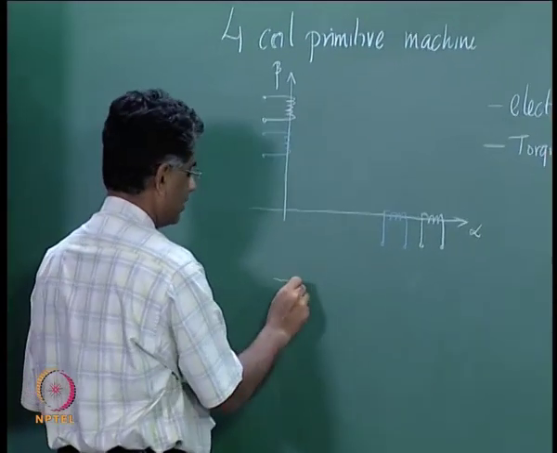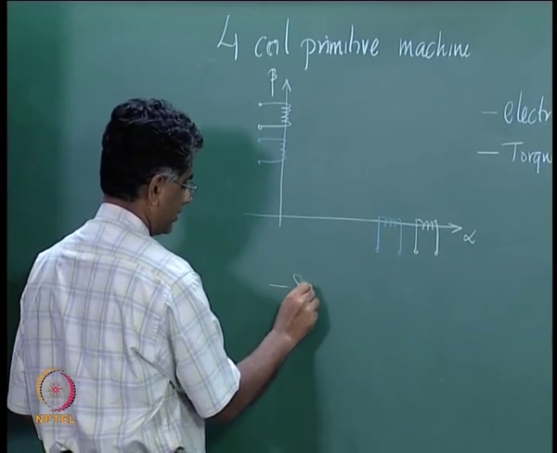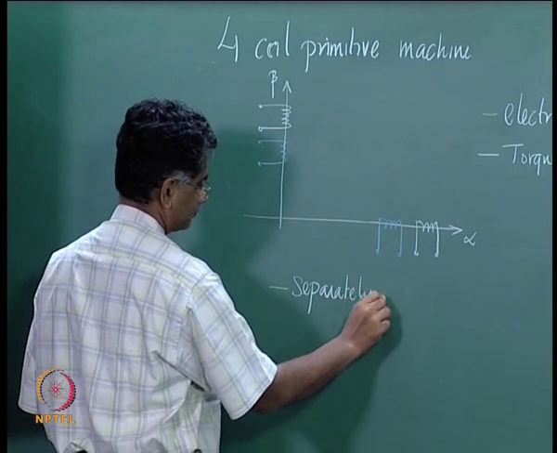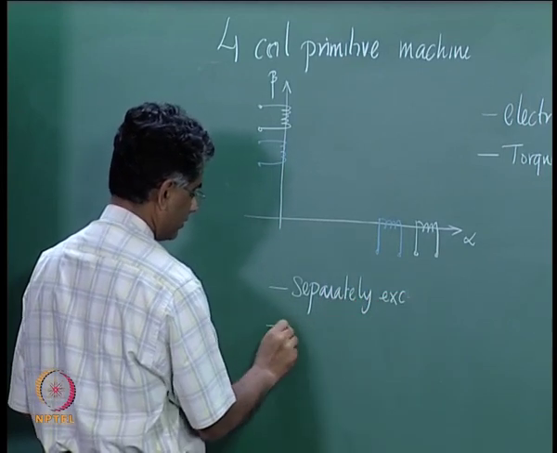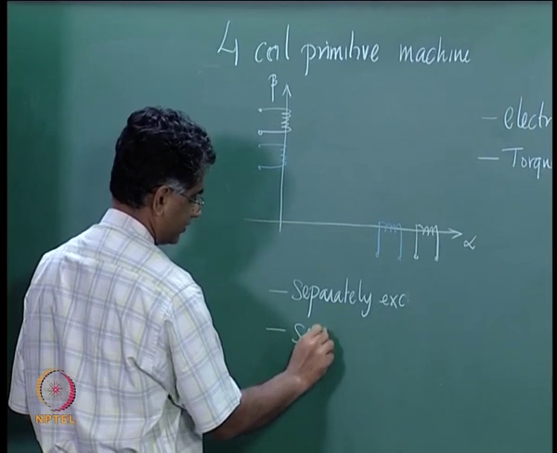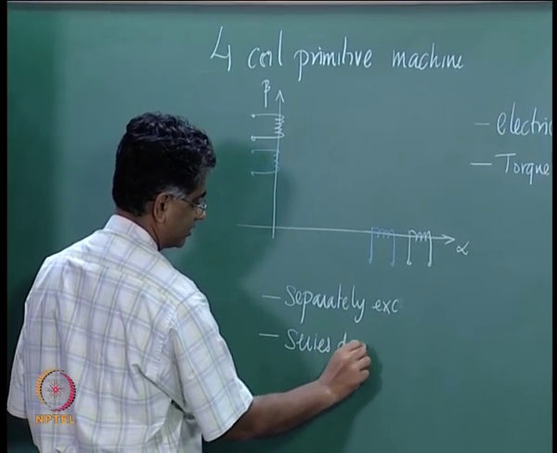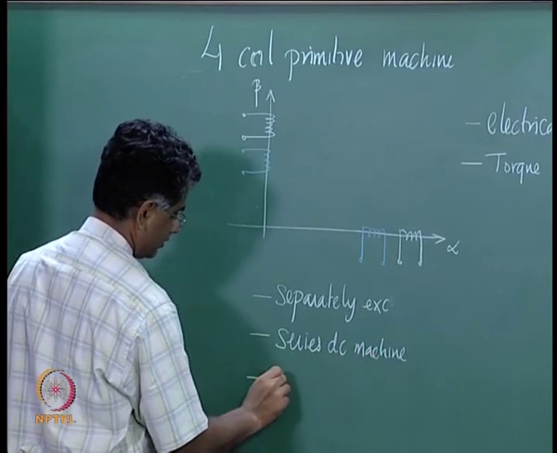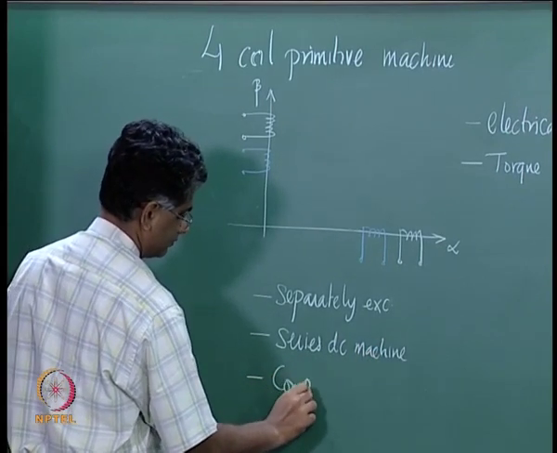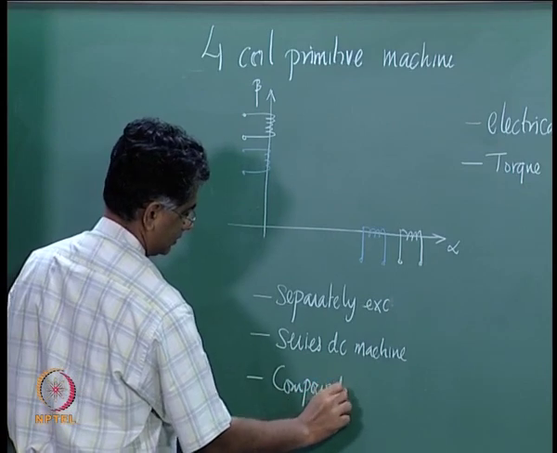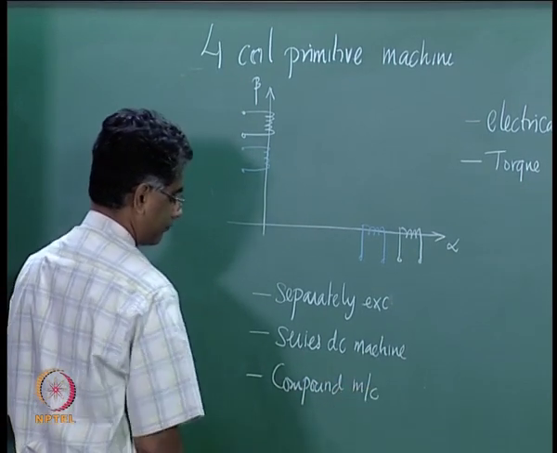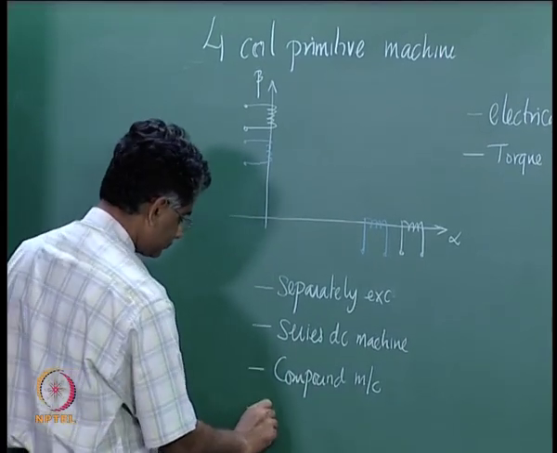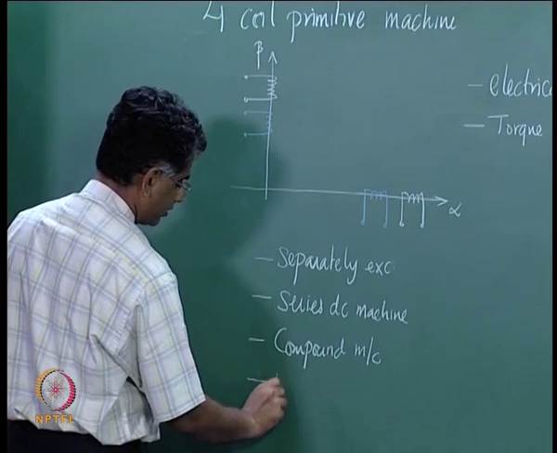We have seen the expressions for a separately excited machine, and then the description for a series DC machine, and then a compound machine, and a machine with interpole windings.